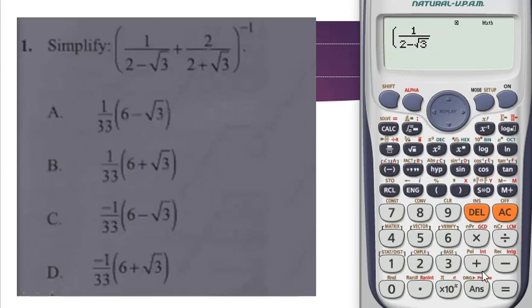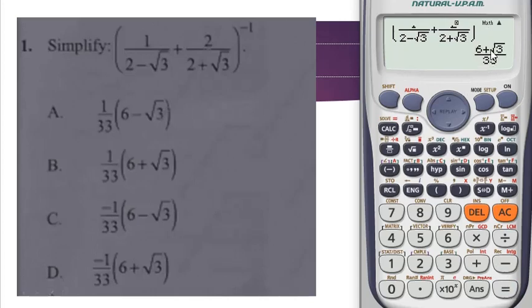Then you click on plus, and then 2 divided by 2 plus root 3. Click on the forward arrow, click on it again, and then you close the bracket. After closing the bracket, you click on the inverse key, so you have the inverse over here. Then you click on minus 1, and after that you click on the equal to sign.